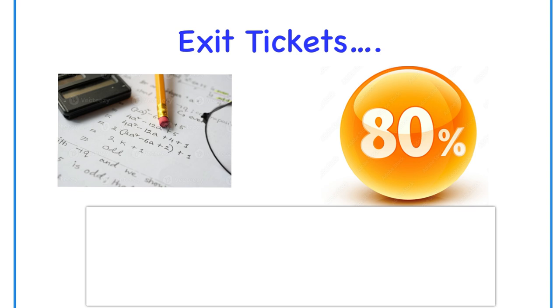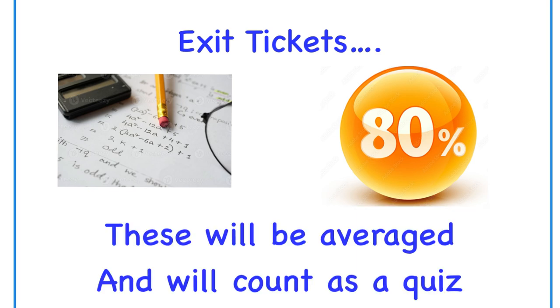But if you get less than 80%, then I'm going to stop that process and have you go back and do some additional things to assist you in understanding the material better before you move on to another section. And as you go through these exit tickets, maybe you have to take one or two for a section. We're going to average those grades, and that's going to be your quiz for those sections that you did the exit ticket on.